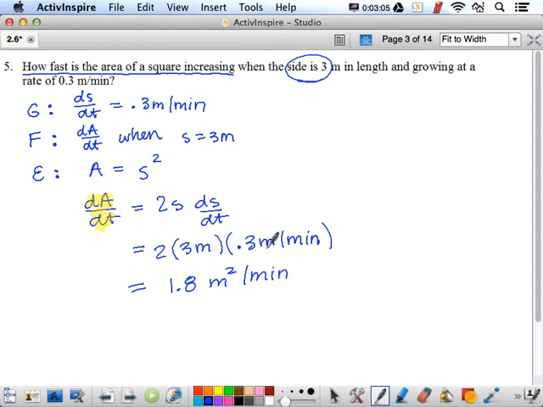Meters times meters is meters squared. If you're not good with the units, don't worry about them until the end. If you don't want to track them as you go, we know that it's area, so we know it has to be square meters, and we know the time units are minutes, and we know it's a rate, so that's why it has to be square meters per minute. So that's probably the easiest one we've done so far.